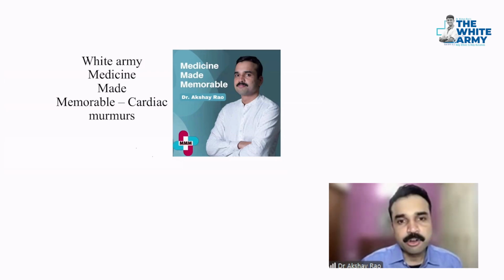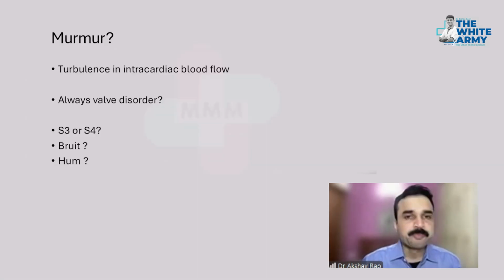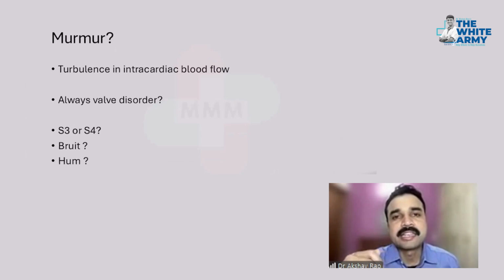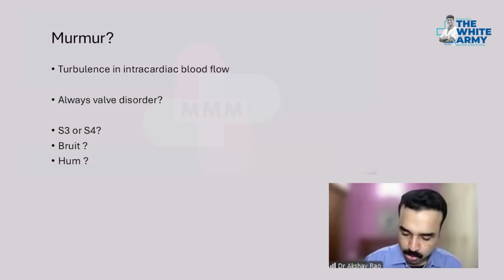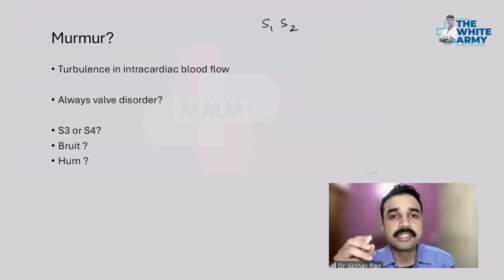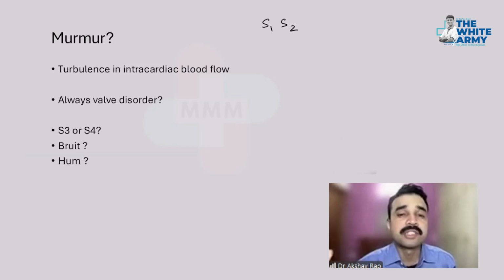So starting off with, what is a murmur? A murmur is something that produces a sound, right? The heart produces sounds of its own, the first and second heart sounds. These are normal. But there are abnormal sounds that arise as a result of turbulence.